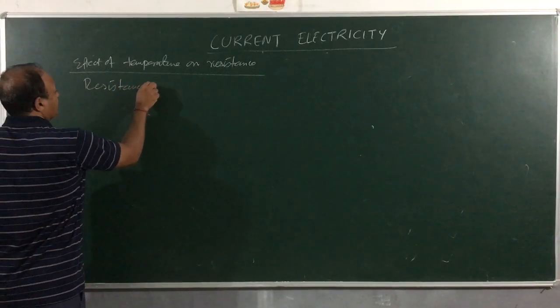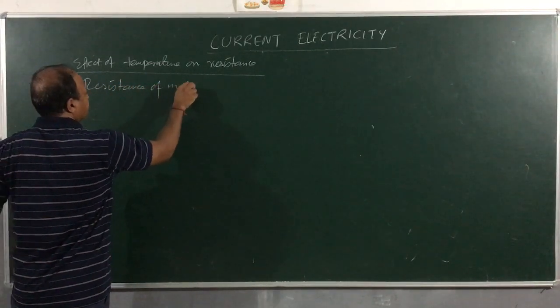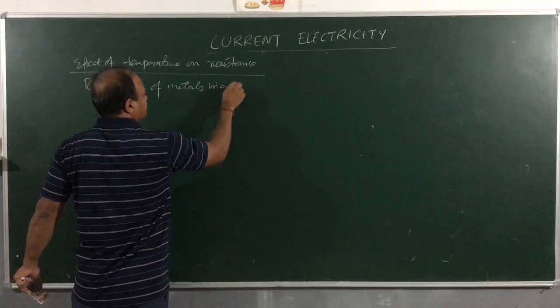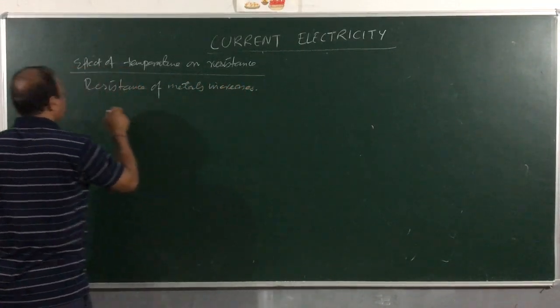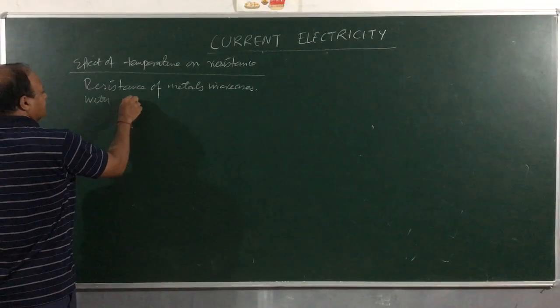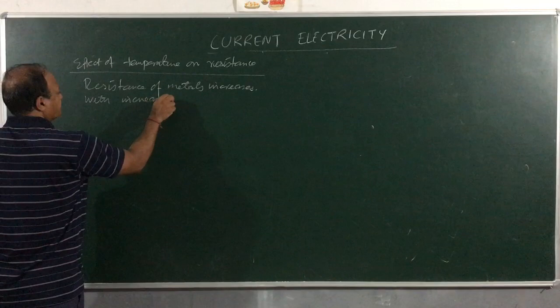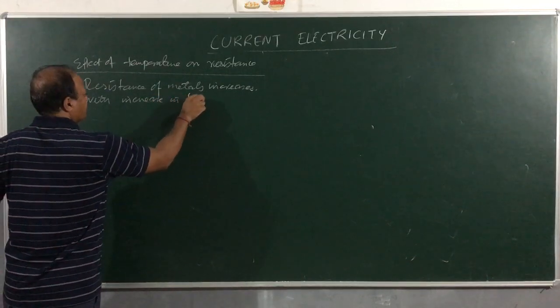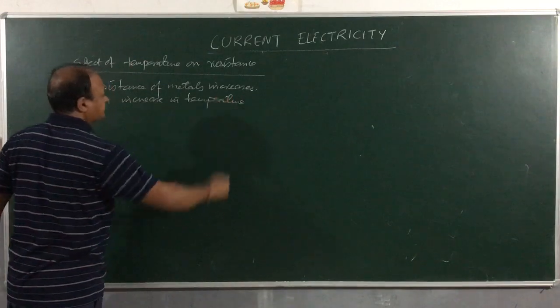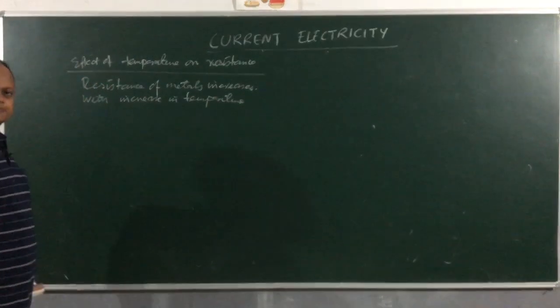So let's say like this: resistance of metals increases with increase in temperature. Okay.